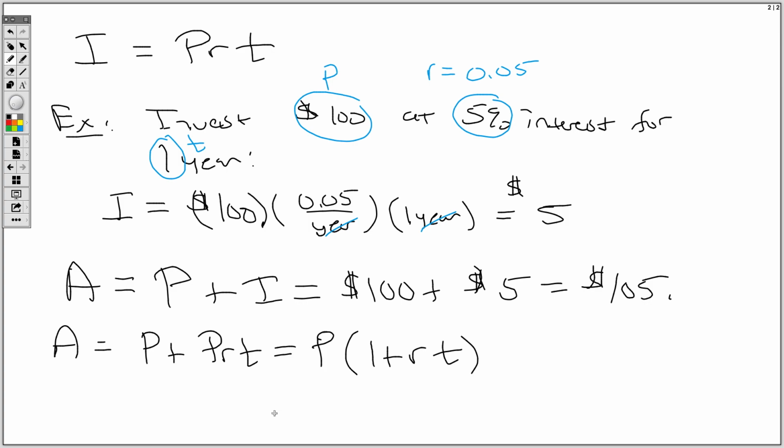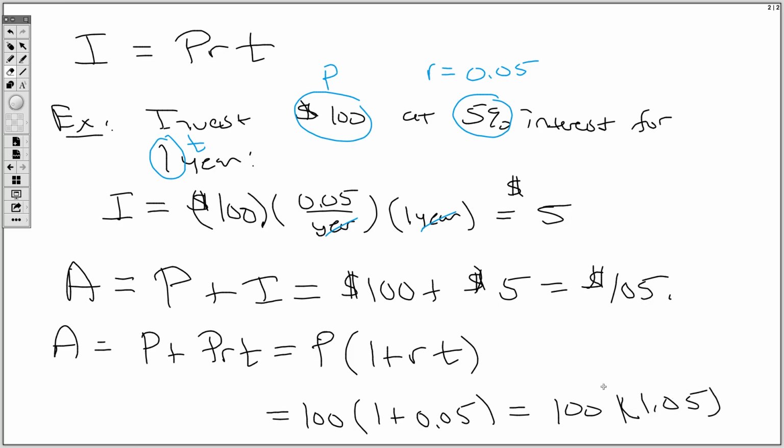And so in this particular case, I'm going to take that $100. It's going to be multiplied by 1 plus 0.05. So it's 100 times 1.05. So this is the multiplier here if we're looking at what's going on with the amount in the account.